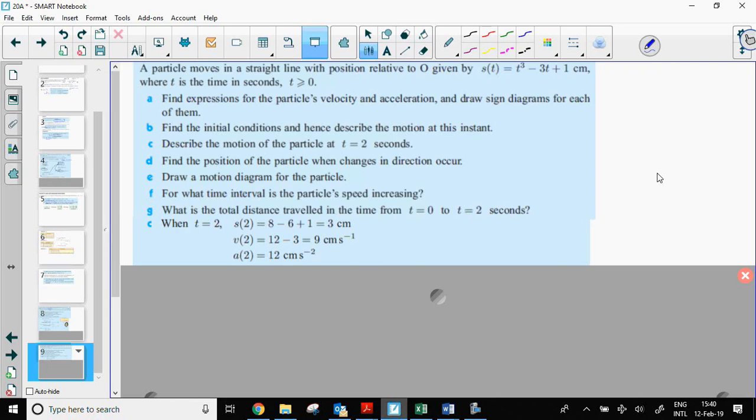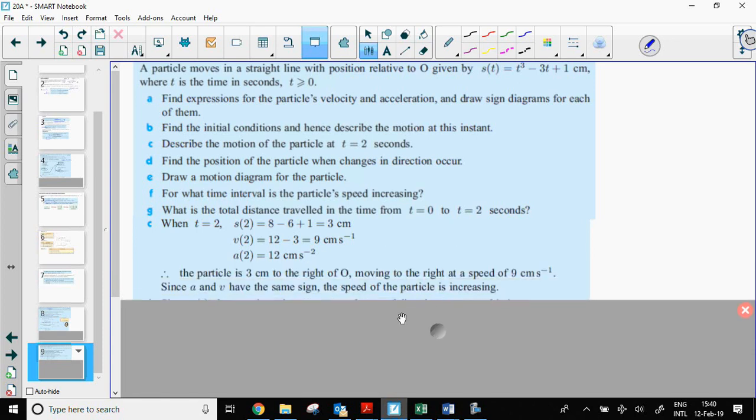So s of 2 is 3, so it's located 3 centimeters to the right of the origin. It's moving to the right, since it's got a velocity of 9. And then, since we have an acceleration of 12, that's a positive number. Its velocity is also positive. That means that the object is speeding up as it's moving to the right. So that's what it means by describing the motion.